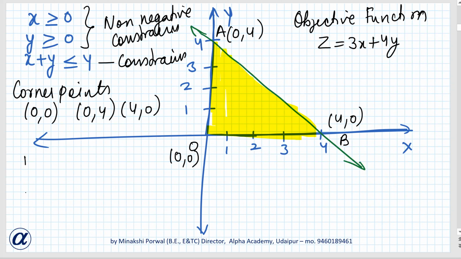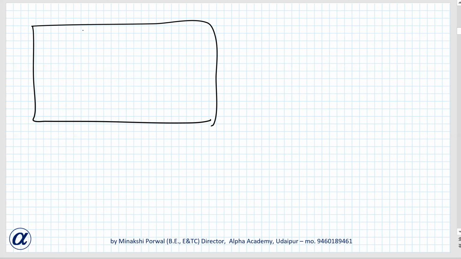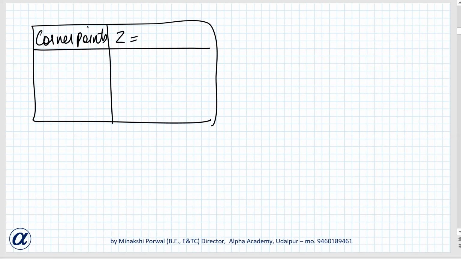Now you will make a table where you write all the work; I'll make the table on the next slide. The table will have two columns: vertex or corner points, and the objective function z equals 3x plus 4y.